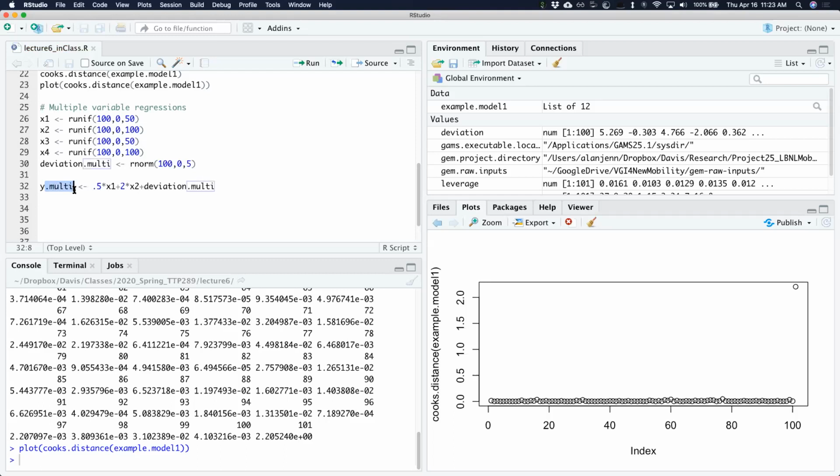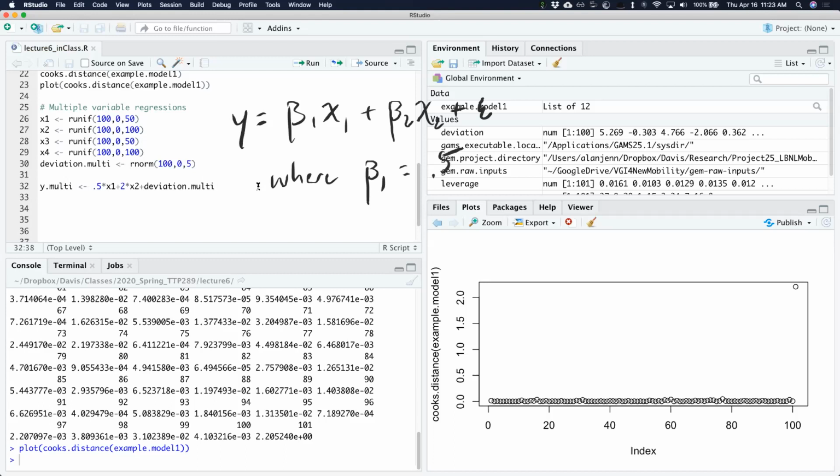So our y in our multivariate regression, y dot multi, is going to be equal to, so this is our formal model, y is equal to beta 1 x1 plus beta 2 x2 plus our error term, where the true value of beta 1 is equal to 0.5 like before, and now we have a beta 2 which is equal to 2 in this case.